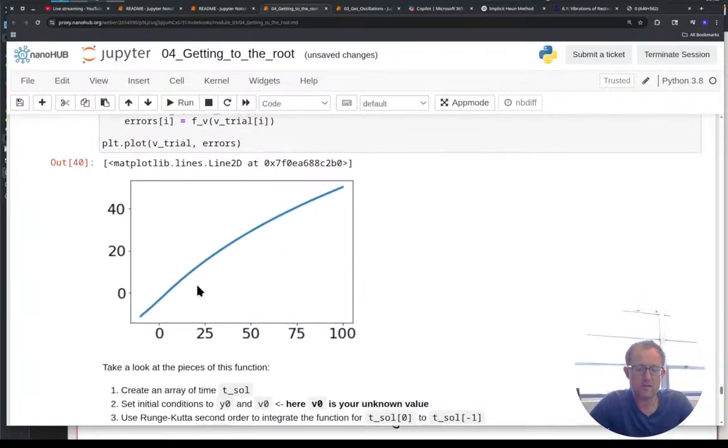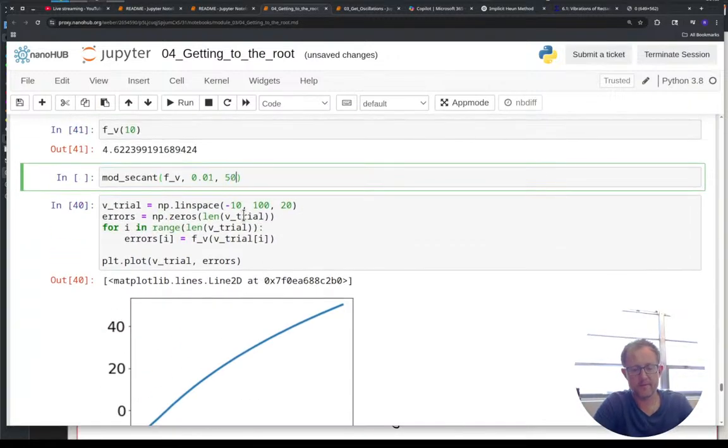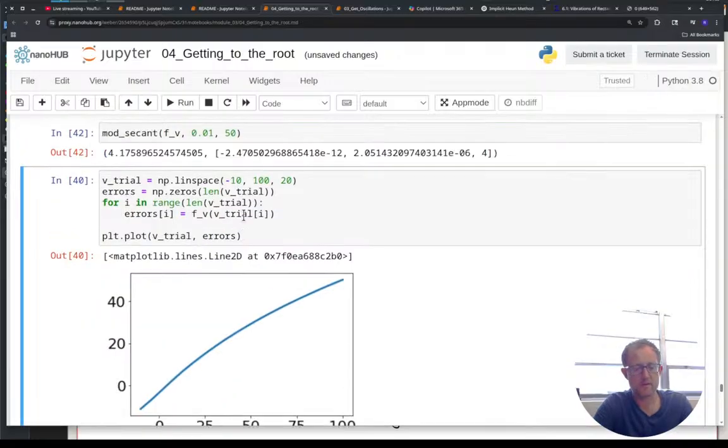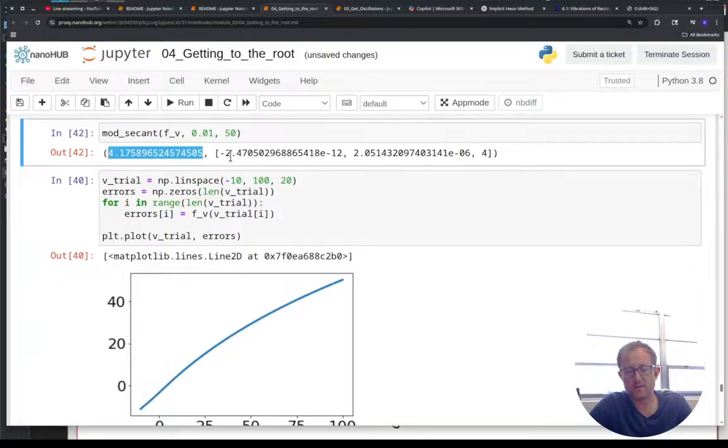Based on here, it's not going up and back down or anything, and the slope isn't getting close to 0. So I could try 50. It's pretty wrong, but that's okay. And I end up with 4.17, and then these other outputs are how many steps it took. So this is the number of steps it took to get to this solution of 4.2 meters per second.